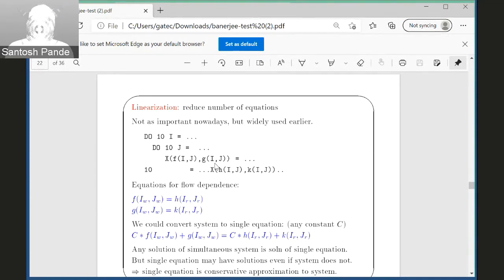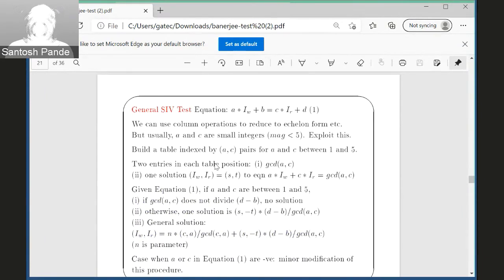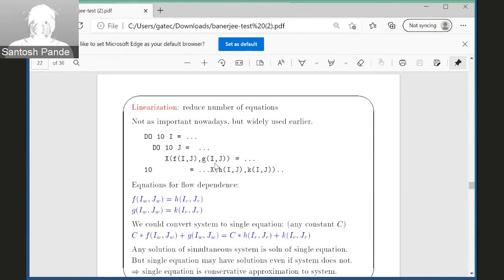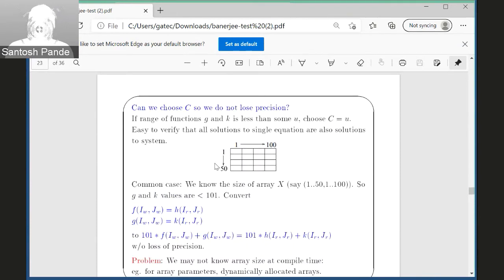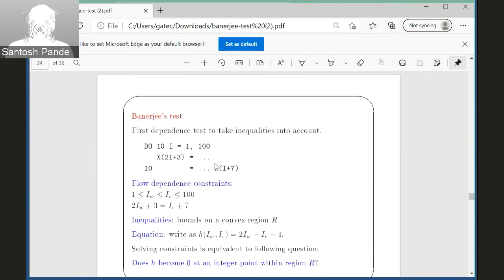So the case of the previous one, where there are no strong or weak SIV cases, as well as this, and even when we have multiple index variables per dimension, that case, which may not be a coupled one, all of these are tackled through the Banerjee inequality. So that brings us to this, which is a very important test, which is used in practical compilers.